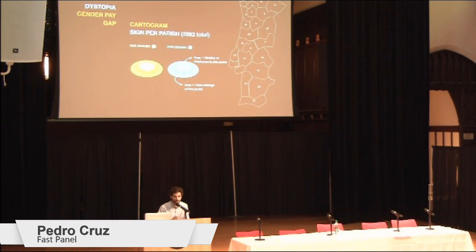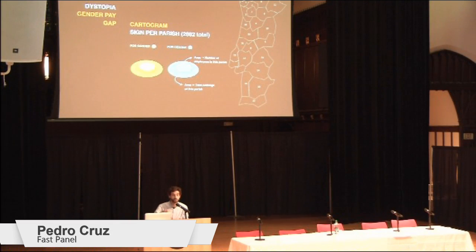So, one way to show this is through cartograms, because we are showing dystopias, so that's to distort, deform the shape of Portugal. The sign that I'm using here is two pairs of circles per parish. We have 2,882 total parishes.